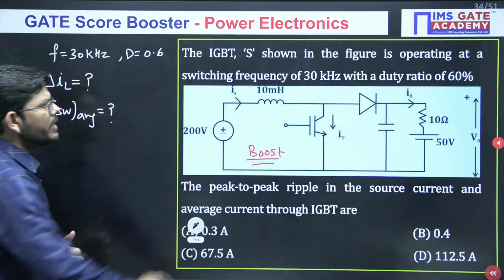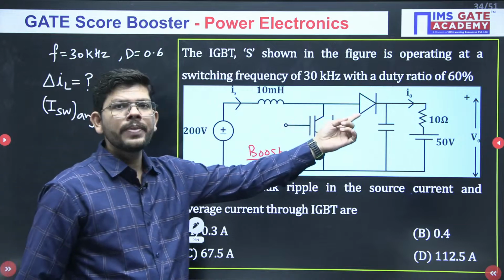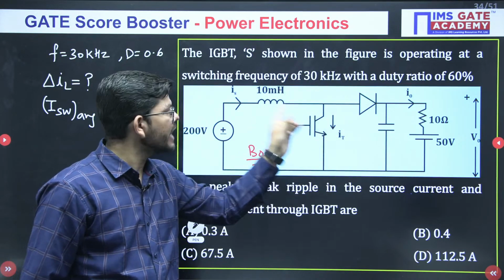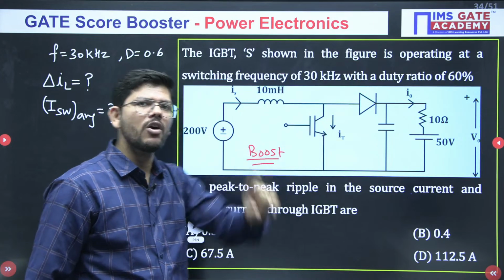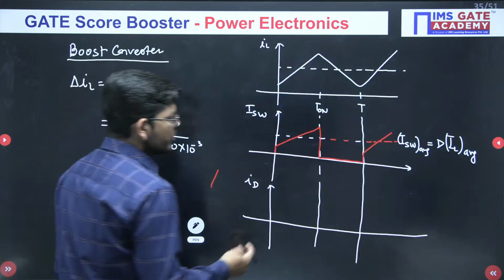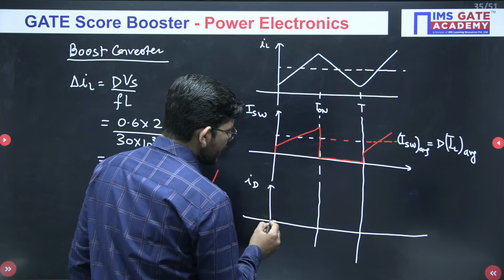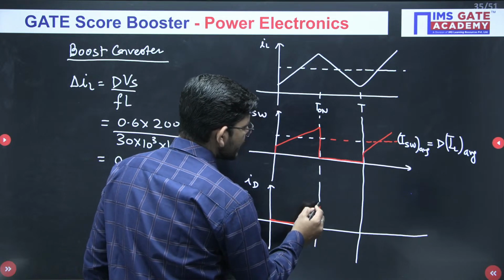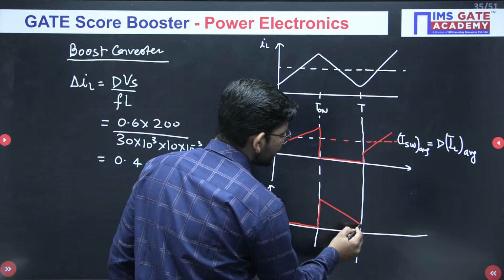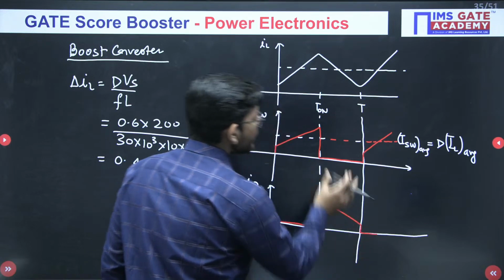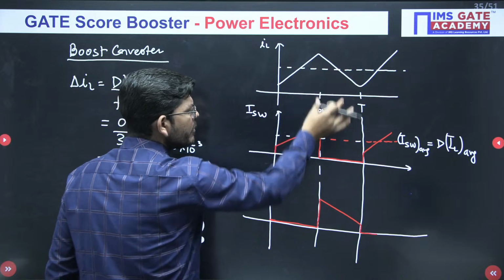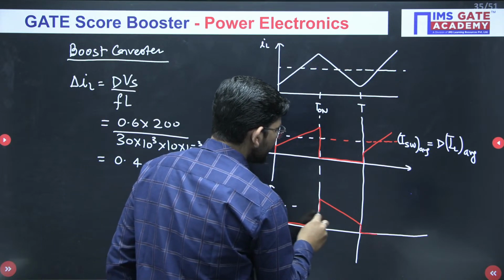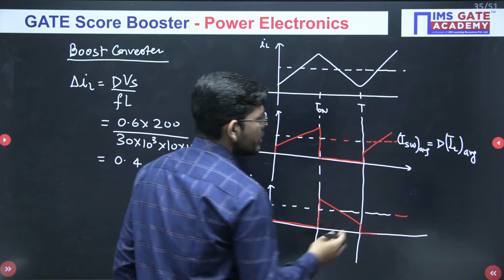Okay. Similarly, if we look towards the diode, when the switch is on, the diode will be off. When the diode is on, it is carrying the same inductor current during the off time, isn't it? So whatever is the shape of the inductor current, we will just copy this, and this will be my average diode current.